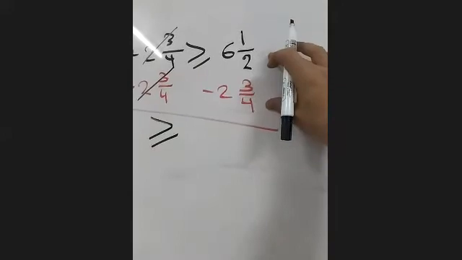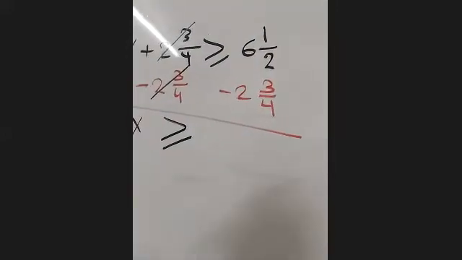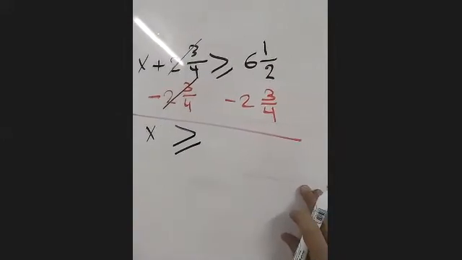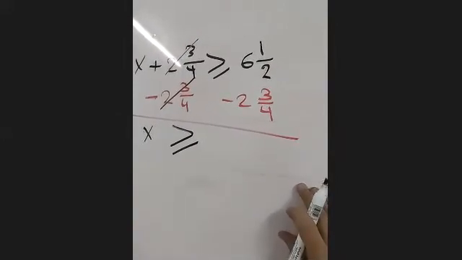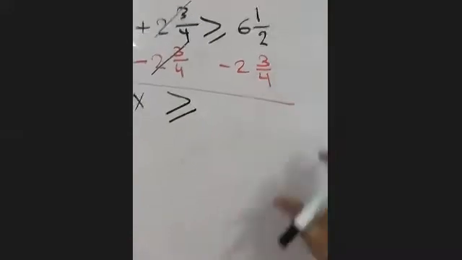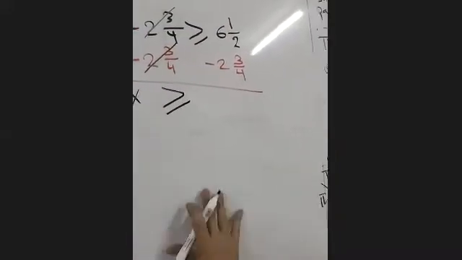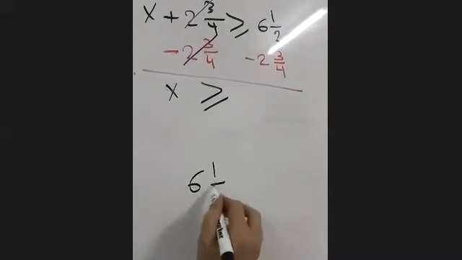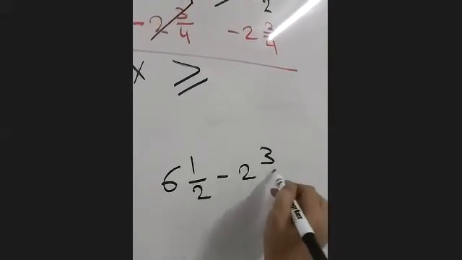Now these two mixed numbers, guys, how will we do them? We go to the side here and calculate, then put our answer here. So we have 6.5 minus 2 and 3 over 4.